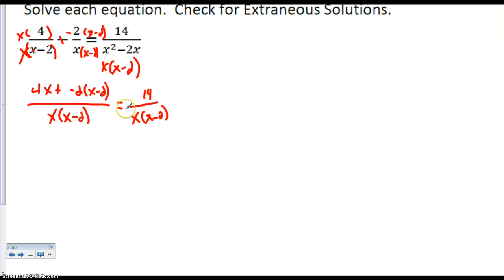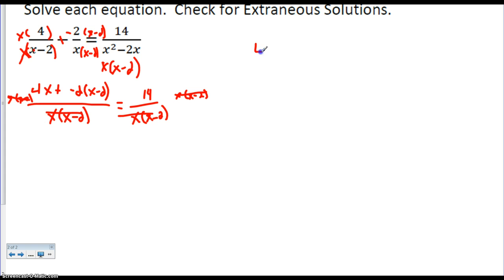So because these denominators are both the same, and if I want to cancel them out, I would multiply this by x times x minus 2, which means I would multiply this side by x times x minus 2. The denominators cancel all the way through.